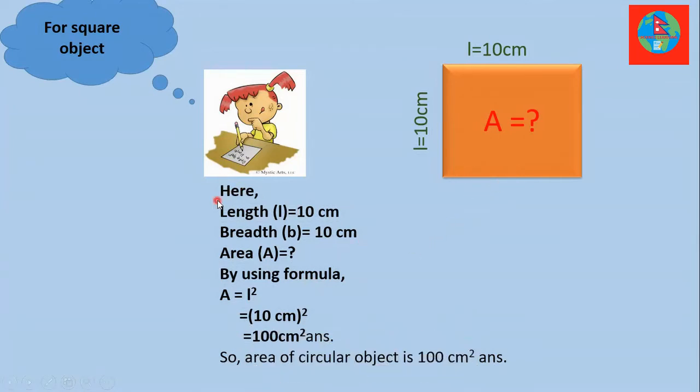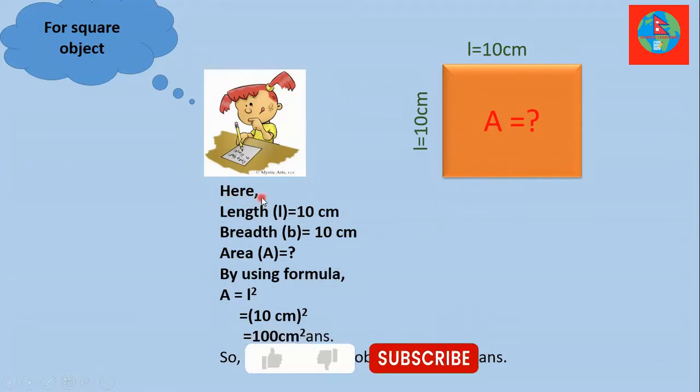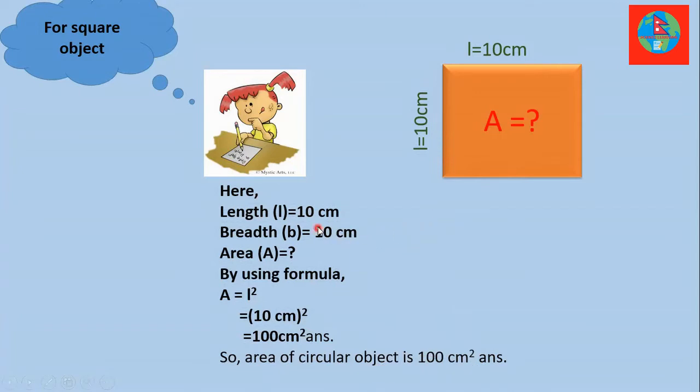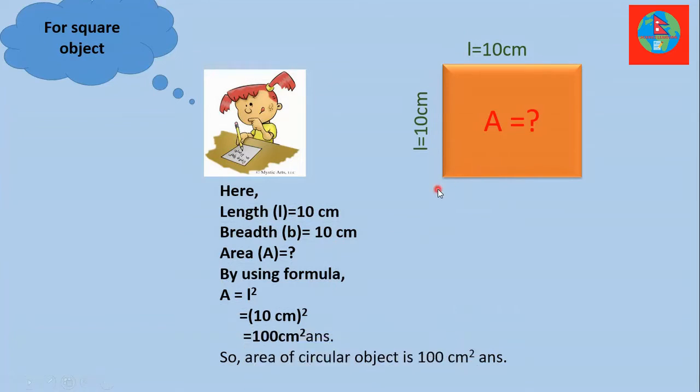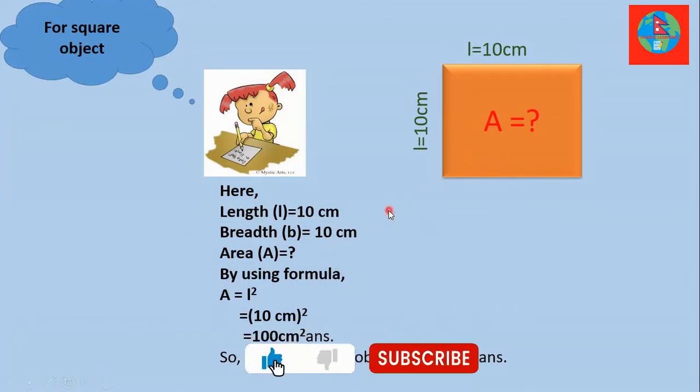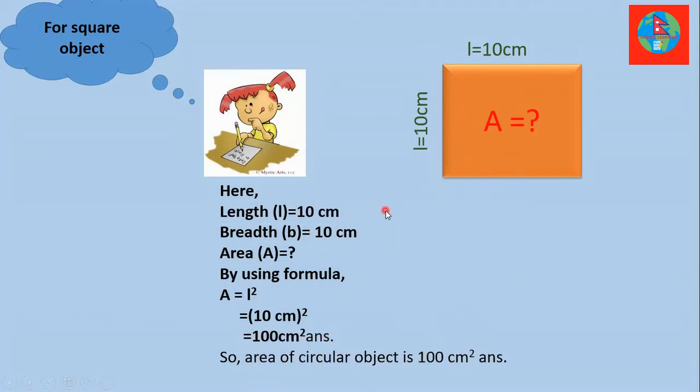Okay, let's write here. Length is equal to 10 cm and breadth is equal to 10 cm, and they have equal sides. So we can write here L is equal to only 10 cm.